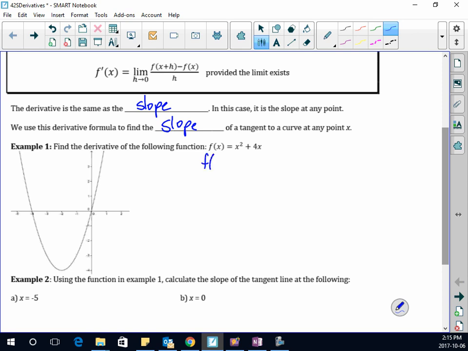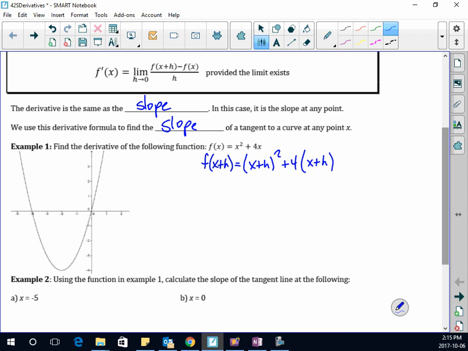Let's figure out what f of x plus h is. How do I figure that out? You plug it in. I'm changing the input from x to x plus h. So wherever you see an input, you're going to put an x plus h. So this becomes x plus h, the whole thing squared, plus 4 times x plus h. Is everybody good with what I did so far?